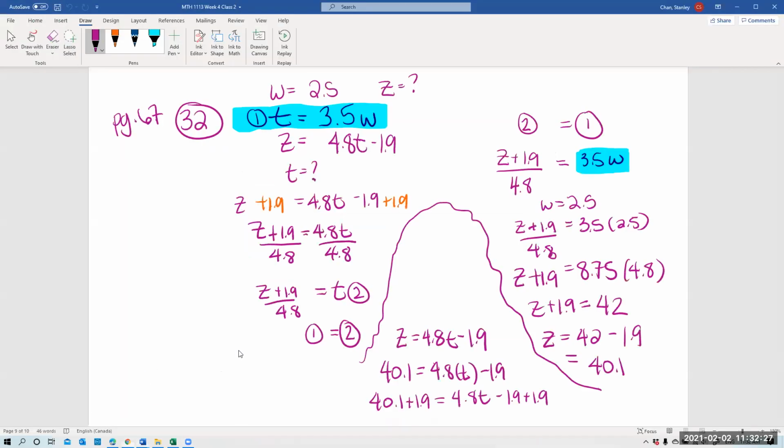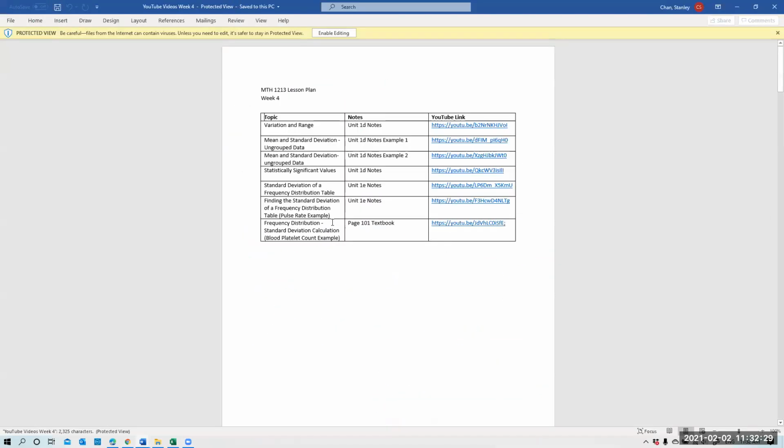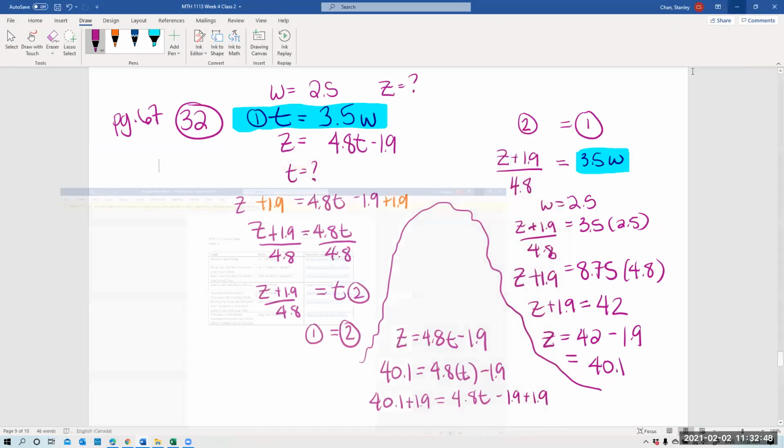If you click on this Word document, there's a YouTube video on how to find the standard deviation of a frequency distribution table. I think I have 3 different examples of that so that you can follow along and watch those YouTube videos if you like. That's something that can help you out.